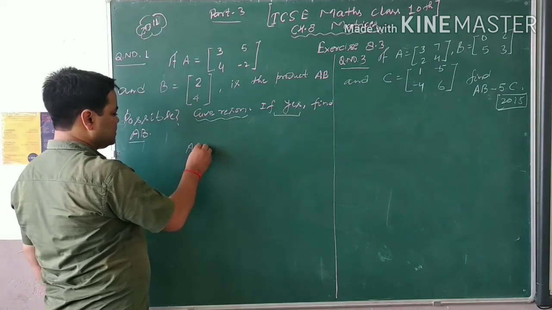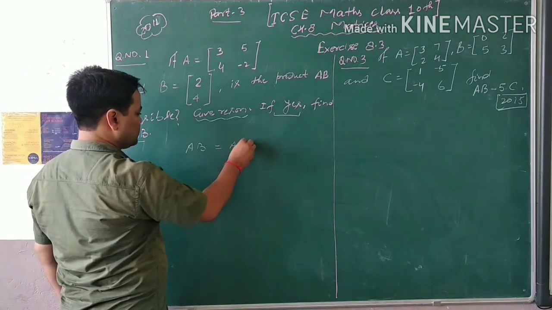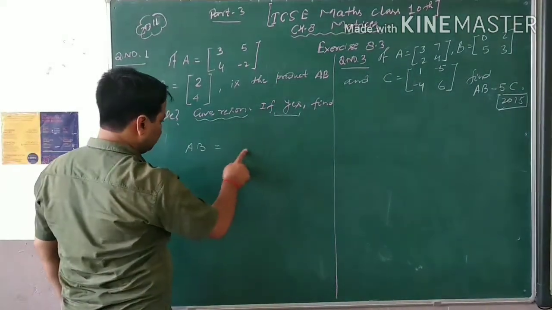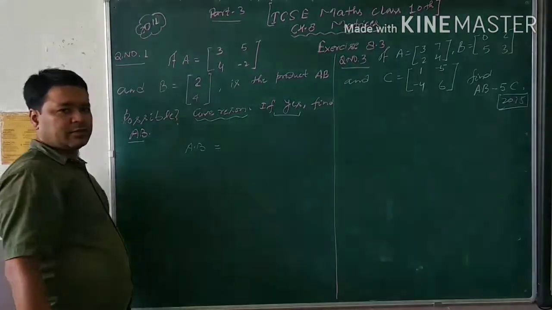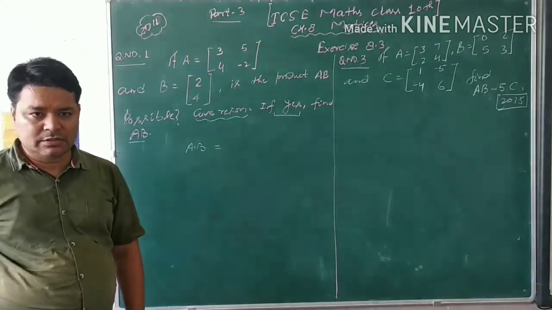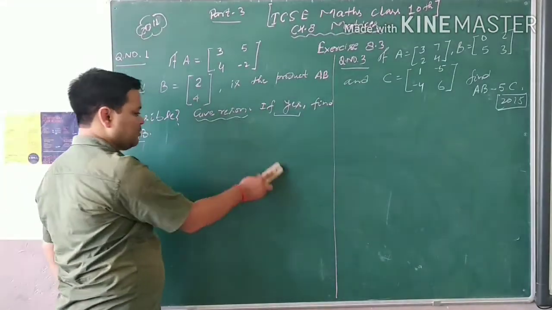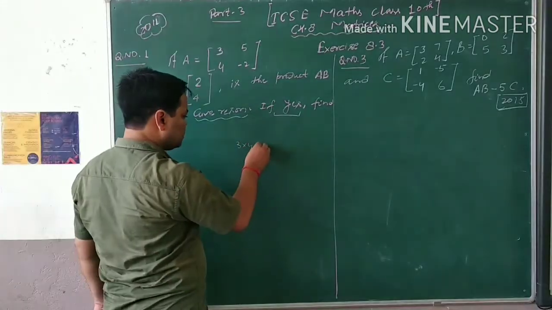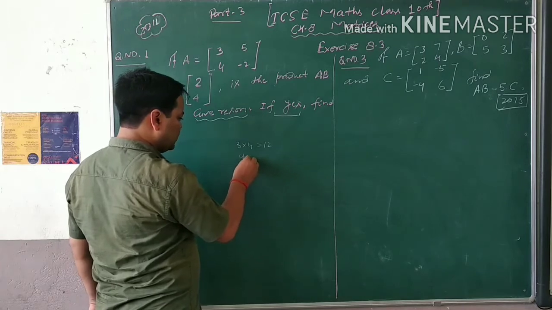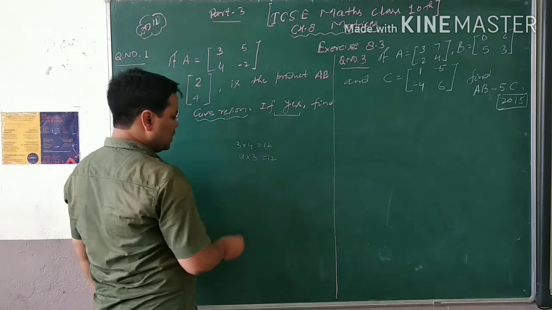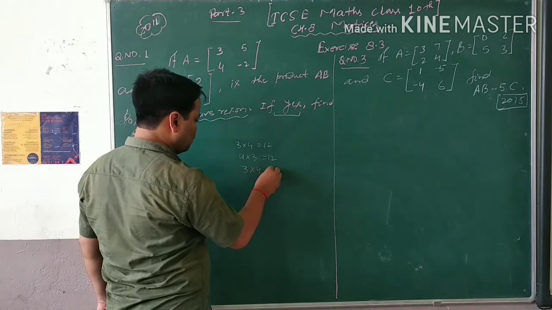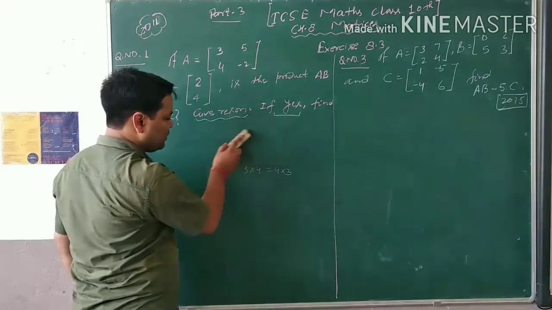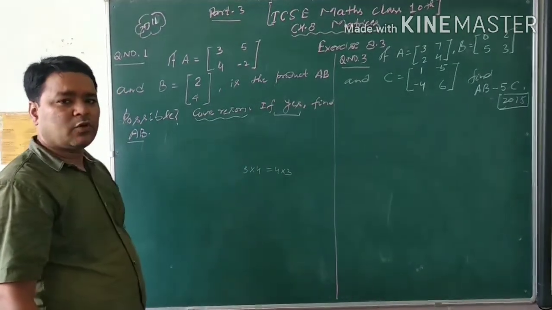Here AB means A cross B, but we do not use this symbol. We only use AB. Before starting the solution of this question, I want to tell you, just like 3 into 4 is equal to 12 and 4 into 3 is also equal to 12, we can write 3 into 4 is equal to 4 into 3. It means the multiplication of two numbers is commutative.